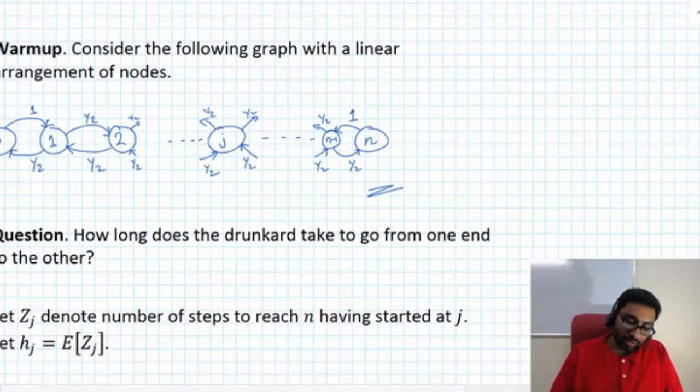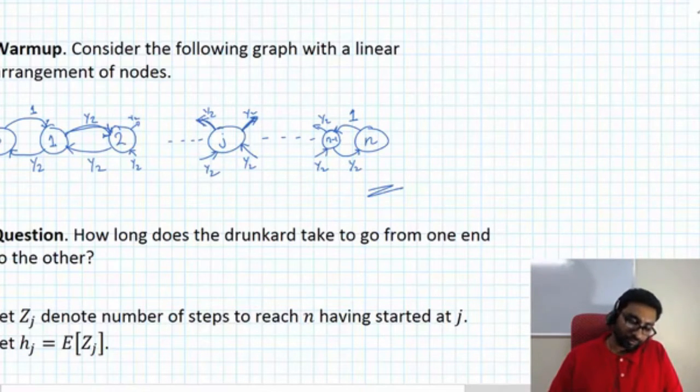And if you notice, at any intermediate state, with probability half, you move forward. So for example, if you're at state j, you will go to state j plus 1 with probability half, and with probability half, you will move to state j minus 1.